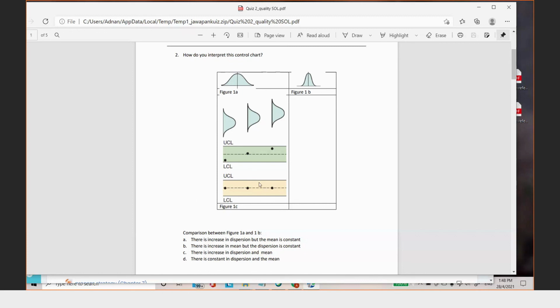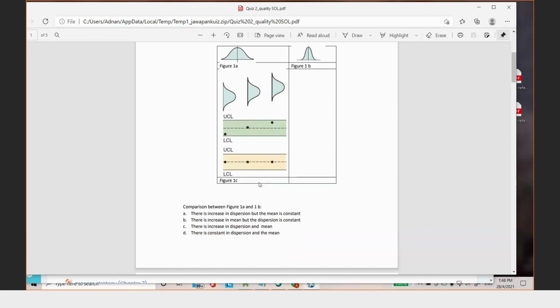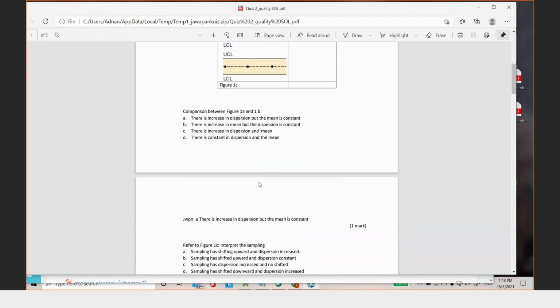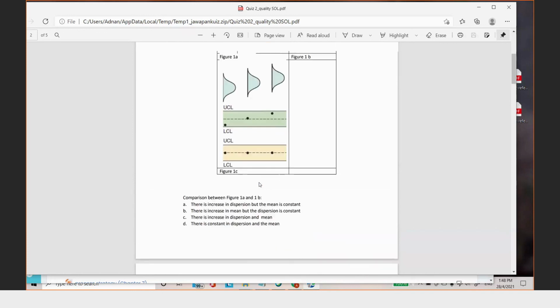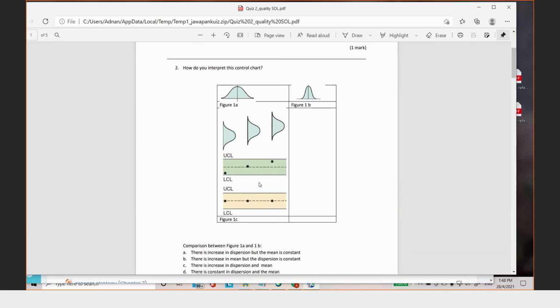Okay, in term of 1C, okay, graph 1C here, apa sebenarnya yang ditunjukkan oleh 1C? Apa yang berlaku sebenarnya 1C?